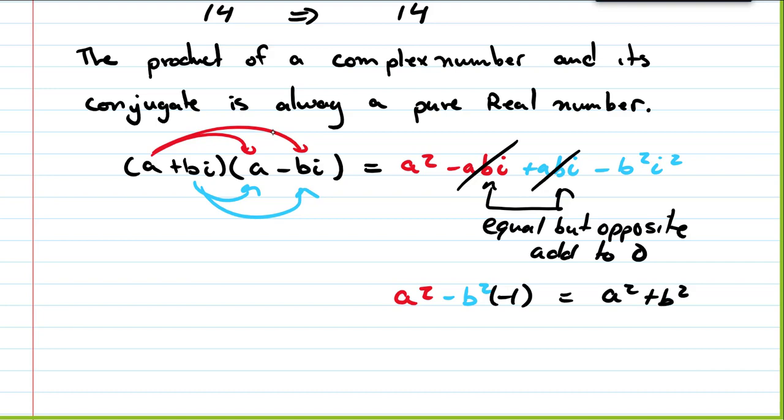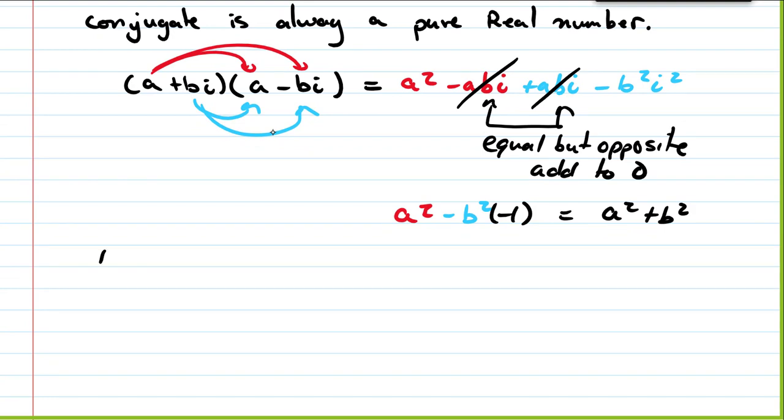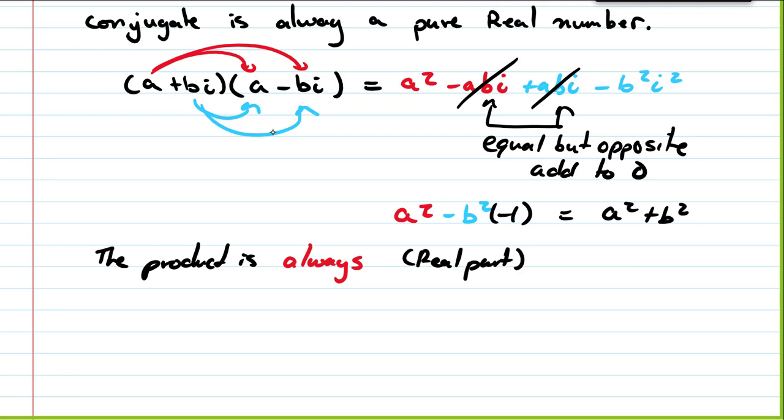So not only is the product of a complex number and its conjugate always a real number, moreover, the product is always the real part squared plus the imaginary part squared. So that's kind of an interesting thing that happens when we multiply a complex number by its conjugate.